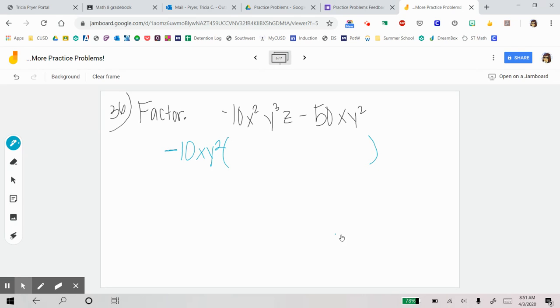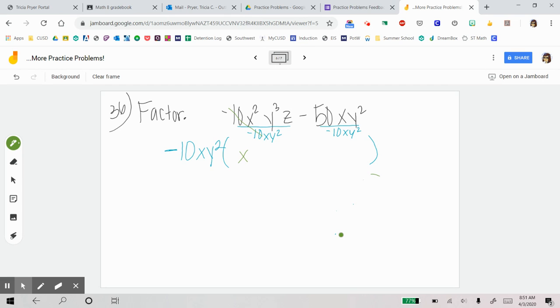Now we have to factor. So we're going to divide every term by that GCF of negative 10xy squared. When we do that, we're going to be left with negative 10 divided by negative 10. Those cancel. X squared divided by x is just x left over.